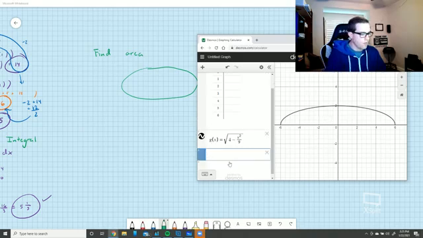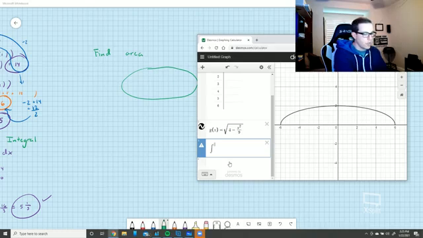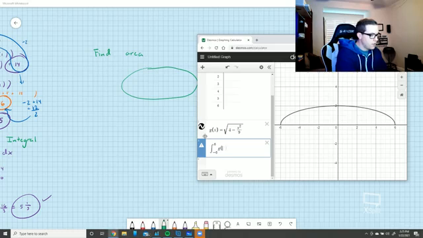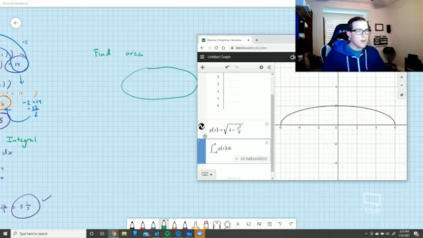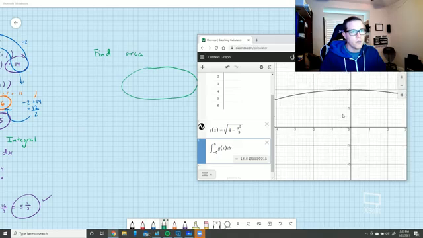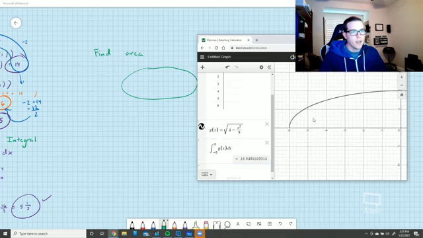So if I do the integral, it looks like it goes from -6 to 6 because I want to find the area from -6 to 6. Call up my function. Bam, 18. Does it look like 18 is a legit answer? Well, if this is counting by ones, 1, 2, 3, 4, 5, 6, 7, 8, 9, and change, so a little less than 10.